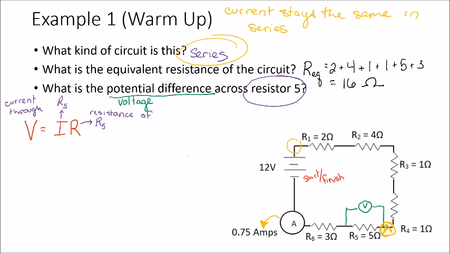And what that means is no matter where we place the ammeter, we could place the ammeter at any point in this circuit, and every place in that circuit will measure 0.75 amps. So what is the current going through resistor 5? The current through resistor 5 is 0.75 amps.